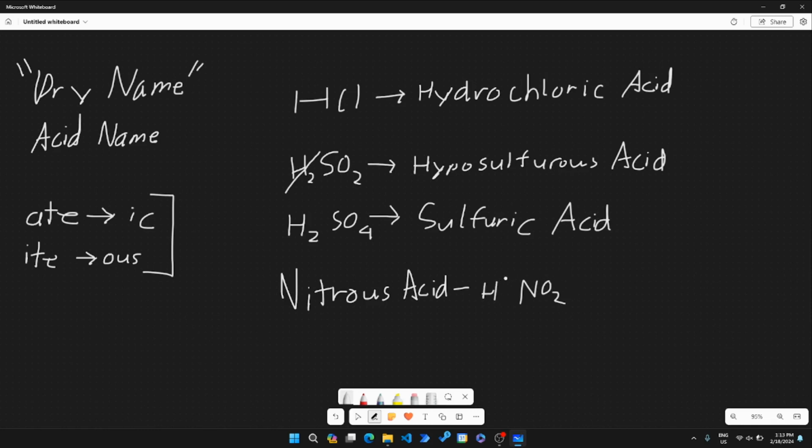Since hydrogen forms a positive and NO2 is a negative, these two will go to opposite sides, and it becomes HNO2 (aq). Never forget the (aq) at the end if it's acid form. And the dry name for this would be hydrogen nitrite. So that's it for naming acids, and most of the inorganic compounds.